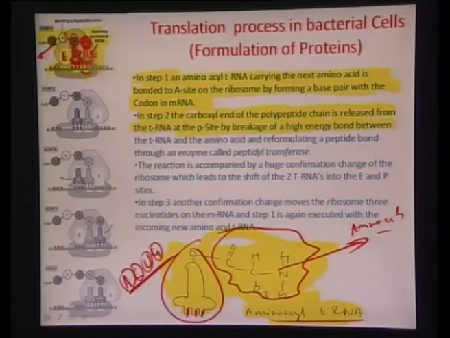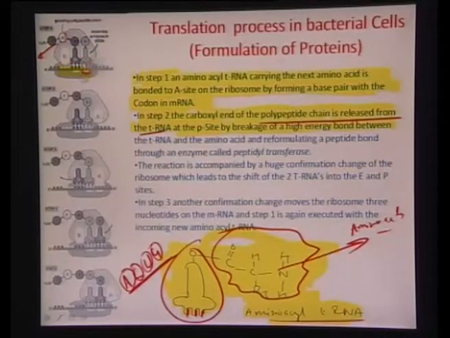So, after the filling up of this active site A with the transfer RNA of a particular kind, this brings up the particular amino acyl group or the amino group here close by, and the polypeptide chain is released from the tRNA, right. So, essentially we are talking about releasing this particular portion of the molecule.